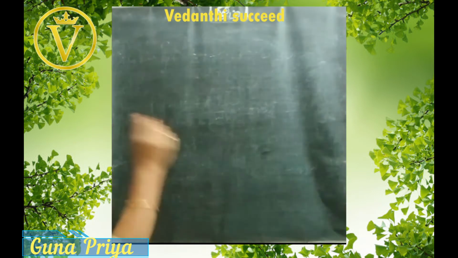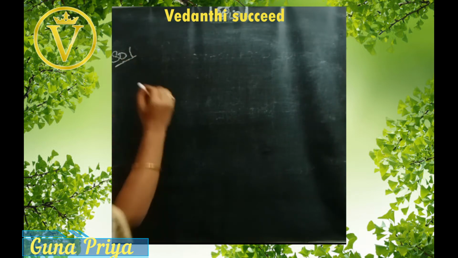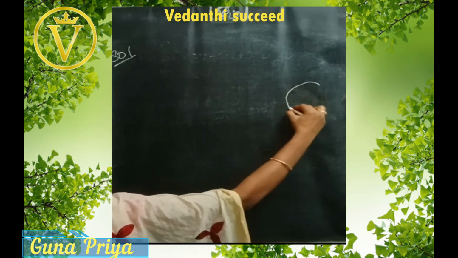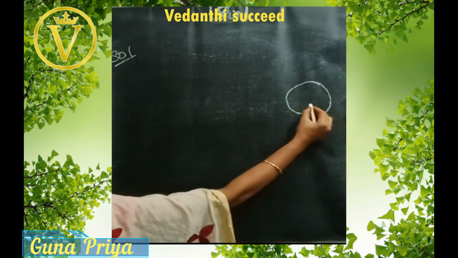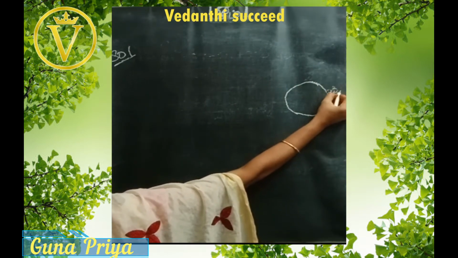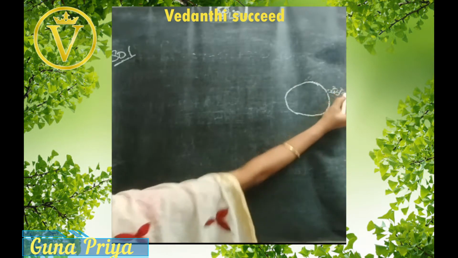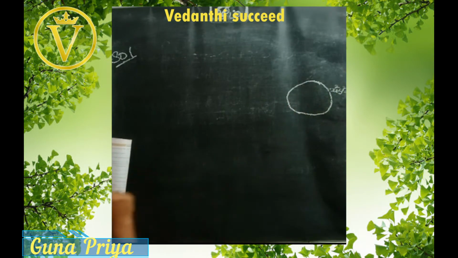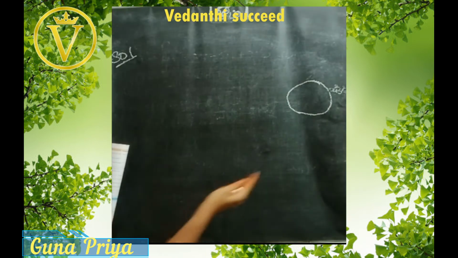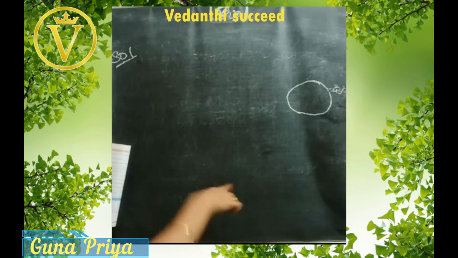What have they asked to prove? See here, in this problem only. Prove that the tangent at a point, they have given one point, of a circle, that means the first circle. This is the circle, x square plus y square equals 13. And it touches this circle, so this circle touches another circle.